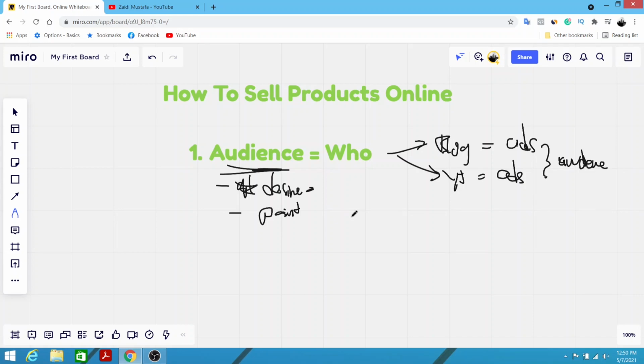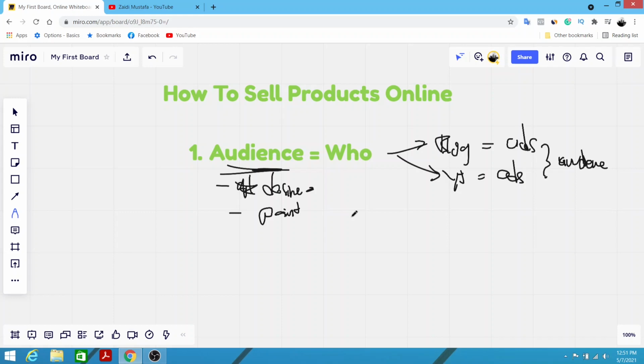Or maybe you have an audience looking for how to lose weight, how to have a better relationship, how to do woodworking, how to be a good parent, how to be a good couple, or anything like that. So your audience is a group of people that has a specific problem, a specific problem that you as an entrepreneur can solve for them.